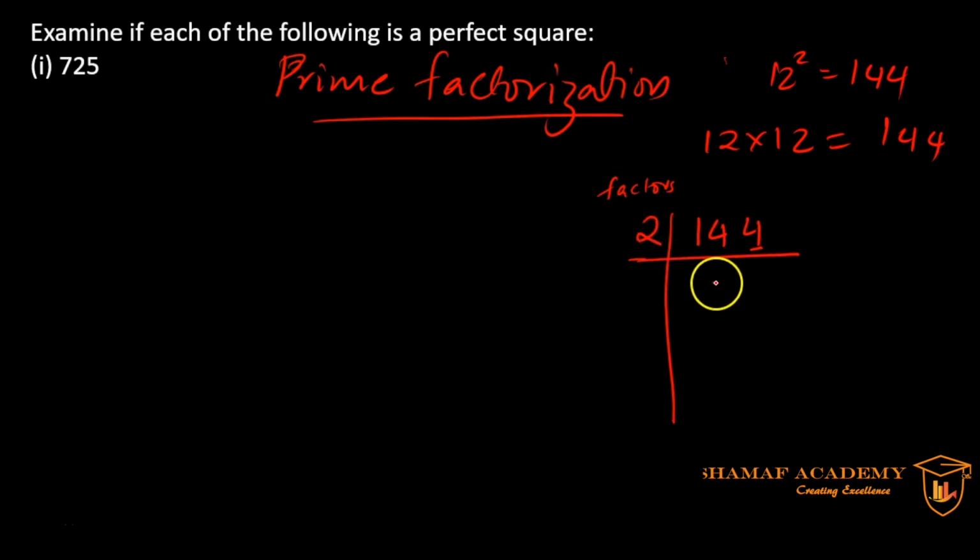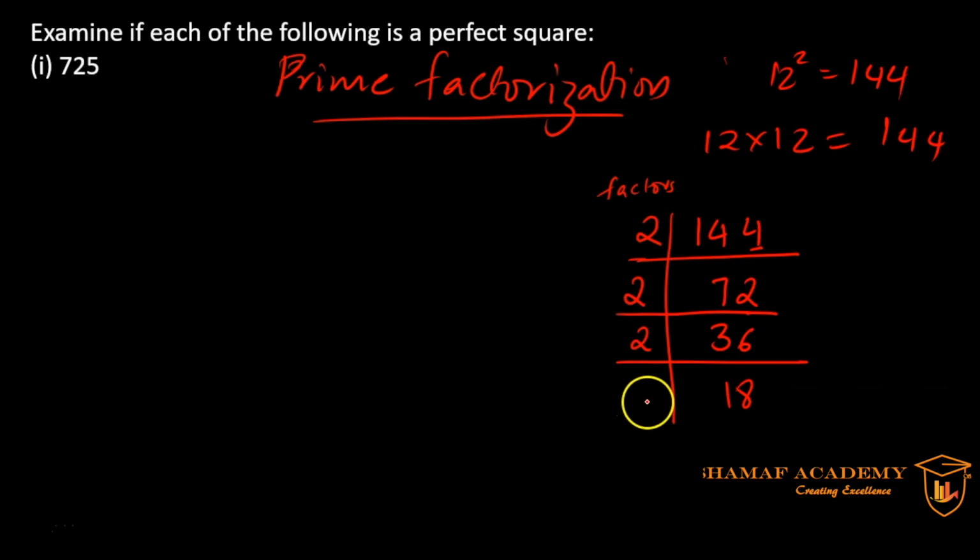144 divided by 2 gives me 72. Now 72 again ends with an even number, so I can divide it again. 72 divided by 2 gives me 36. And 36 is again divisible by 2, so I'm going to write 2 again. 36 divided by 2 is 18. 18 is again divisible by 2, so I'm going to write 2. 18 divided by 2 is 9.